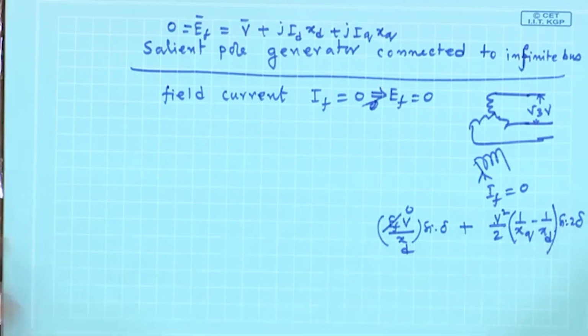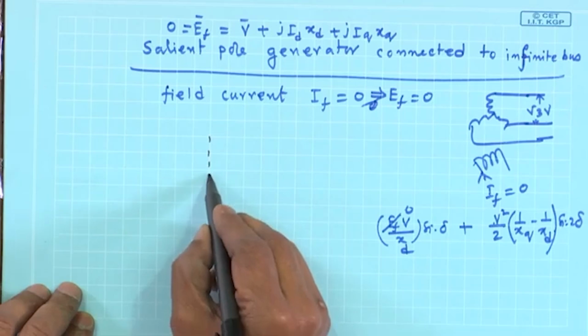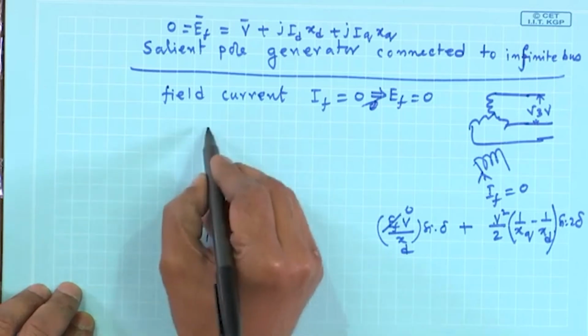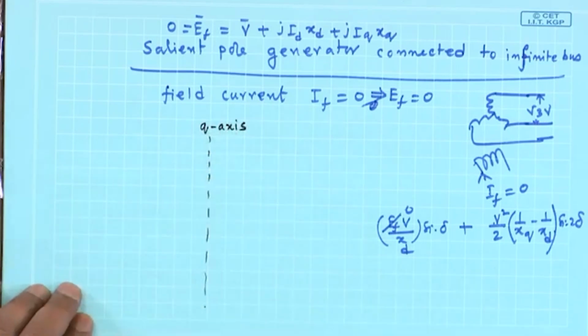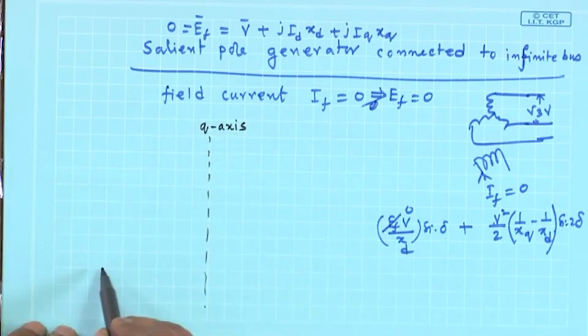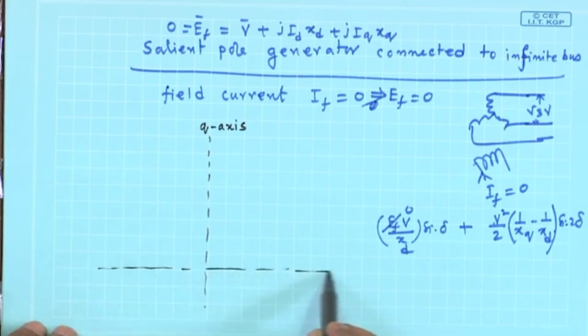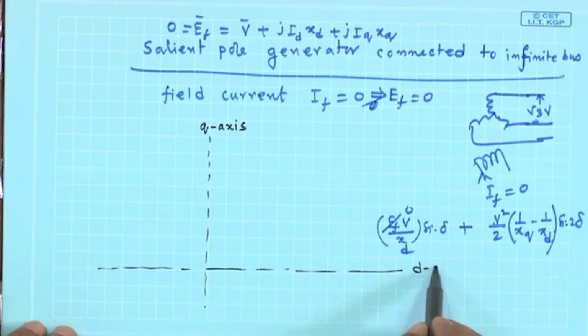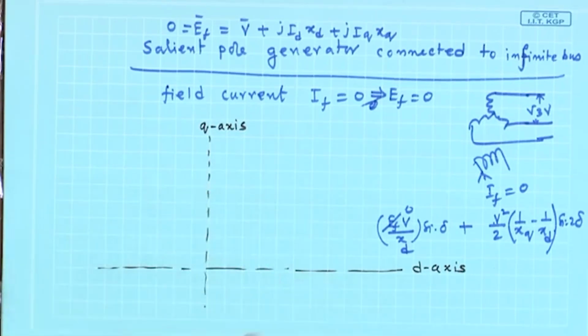The first step, as usual, is to assume this is your q axis, and this, at right angles, will be your d axis. This I can do, no problem. So the q axis and d axis are defined. We know EF has to lie on the q axis, but EF is now 0.